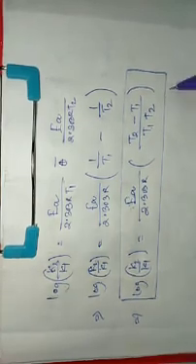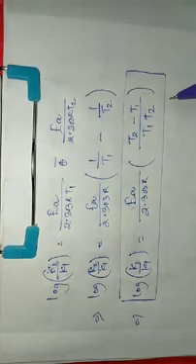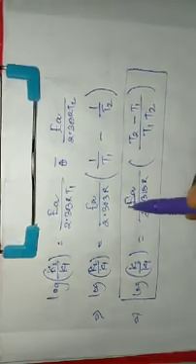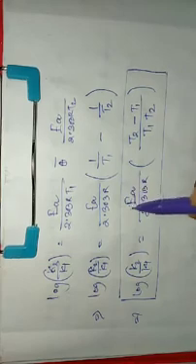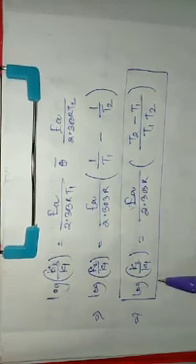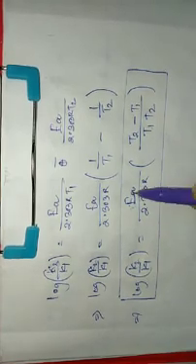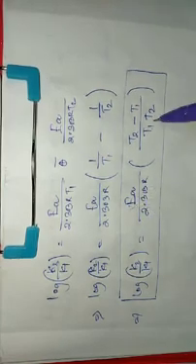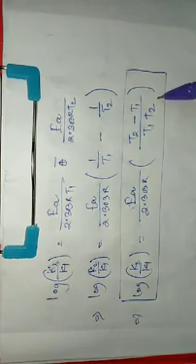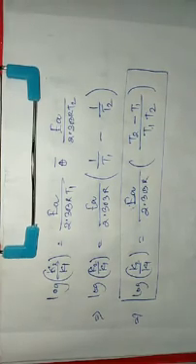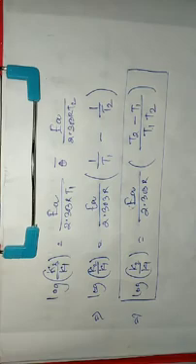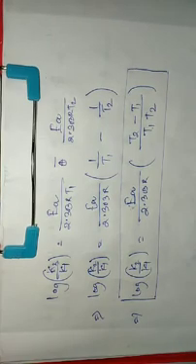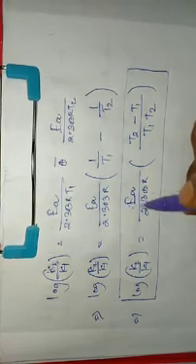So in the next video we will discuss how we can calculate activation energy for a particular reaction at a particular temperature, and we can also calculate the activation energy for a particular reaction at the two different temperatures T1 and T2. In the next video we will discuss about the activation energy, and we will solve different types of numericals related to calculation of activation energy.